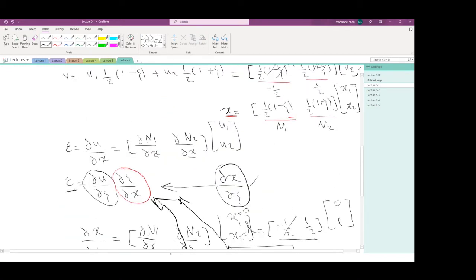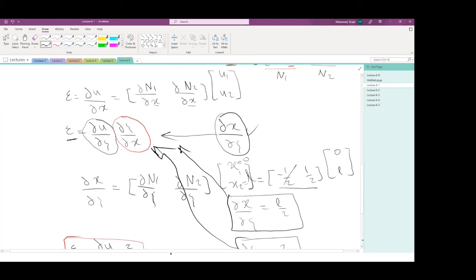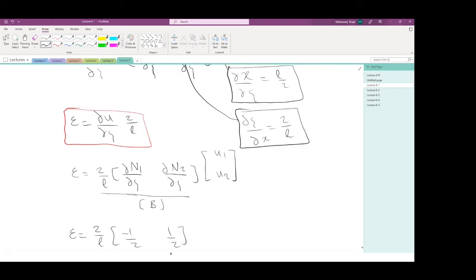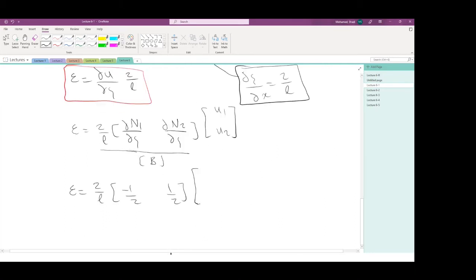The derivative is minus half, and 1 plus xi multiplied by half, the derivative is just 1 over 2, is half. And then I have the U1, U2. So I'm just going to do this one multiplied by this. So the 2 will cancel with the 2, and the L will remain at the bottom. And this is going to be minus 1 over L, 1 over L, multiplied by U1 and U2.